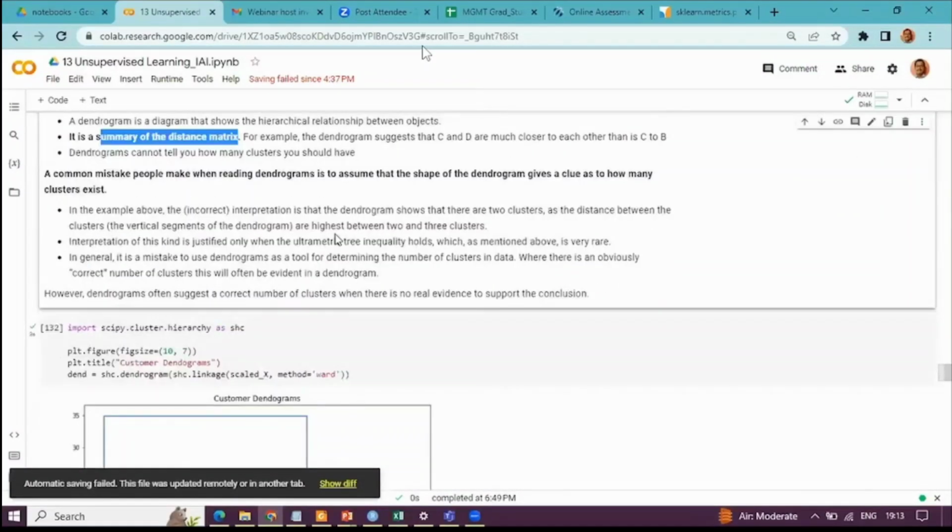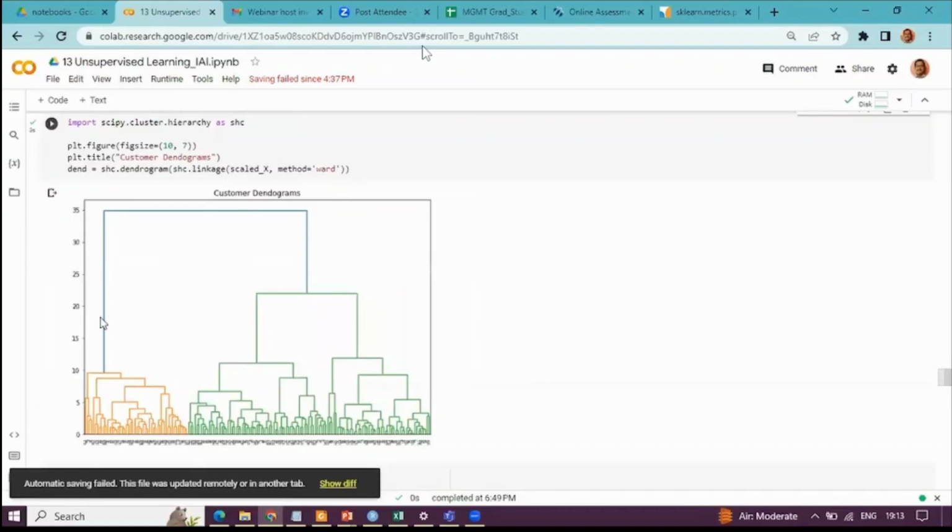So probably these are the distances. You can very well say, and sometimes that's what people do, okay, the gap is much higher here, because this is the height. So people generally say here the height is much higher compared to all the other heights, which means these two sets are integrated at a much bigger height, so probably it's better to have two clusters.